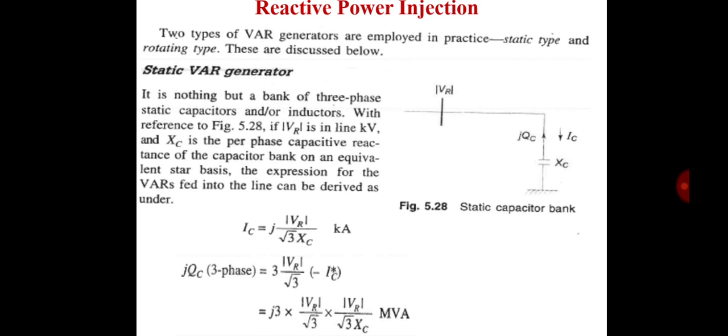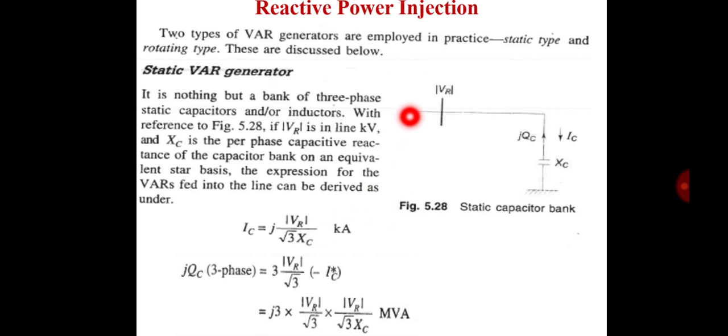With reference to the figure, if VR is the line kilovolt and XC is the per phase capacitive reactance of the capacitor bank on the equivalent star basis, the expression for the VAR fed into the line can be derived as follows.